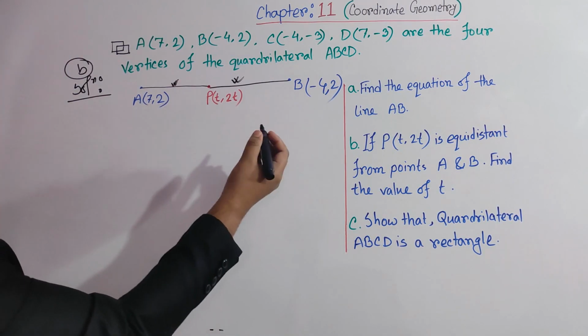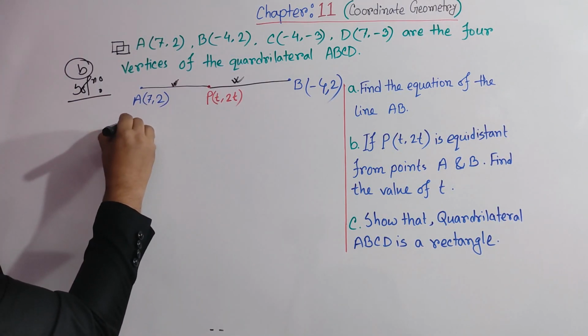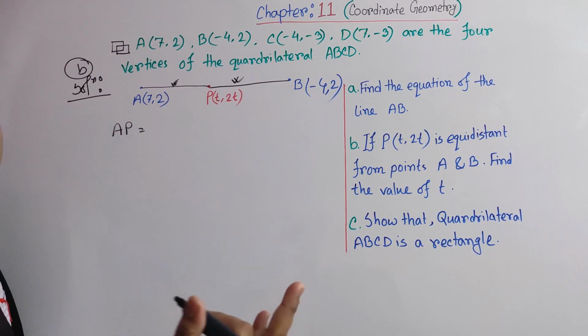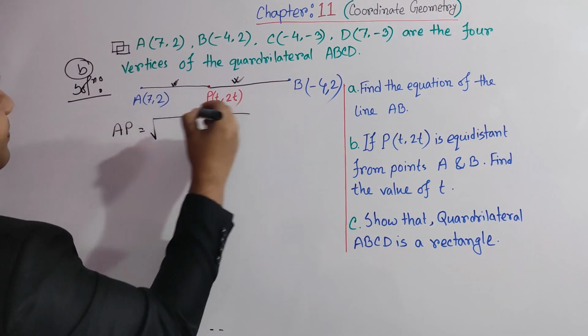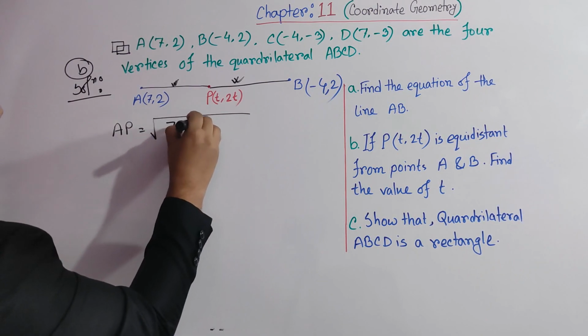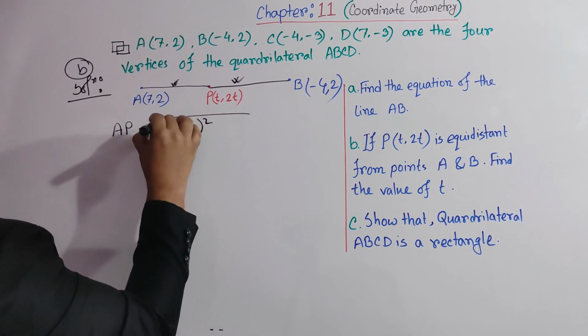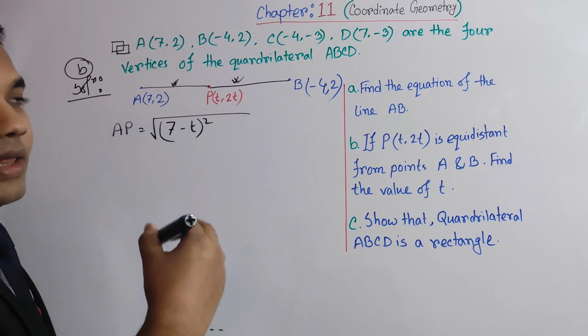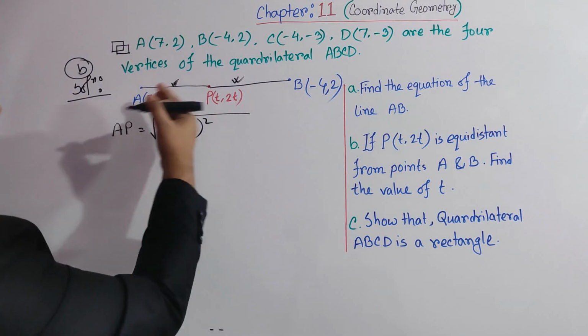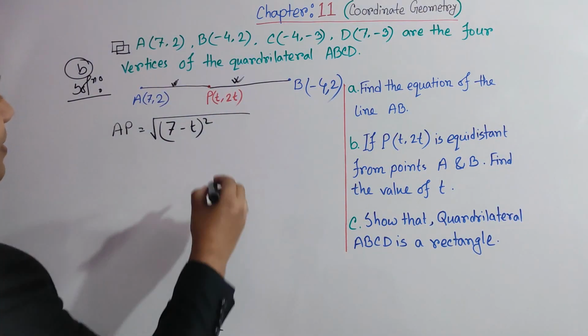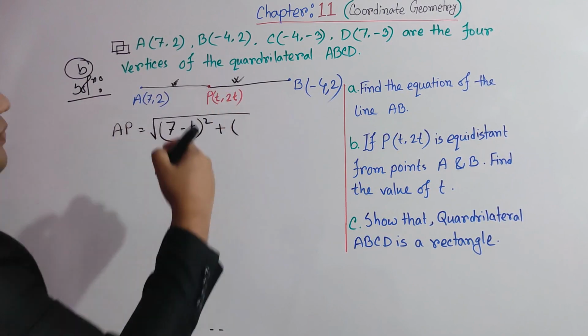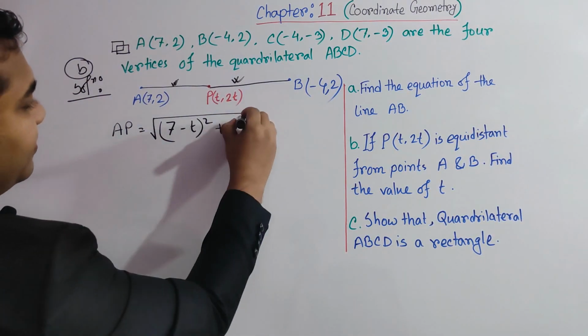So the distance of AP should be the root of (7 minus t)..., because we know the distance is always the difference of abscissa squared plus the difference of ordinate squared.